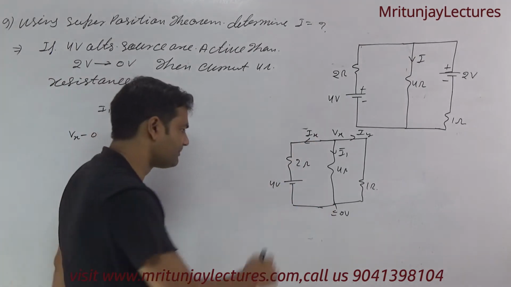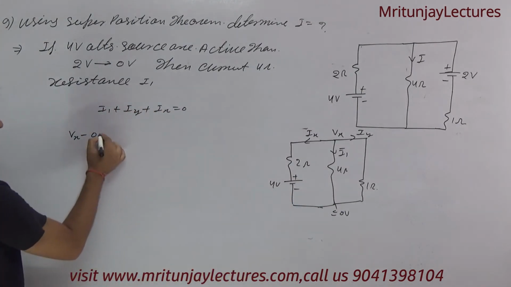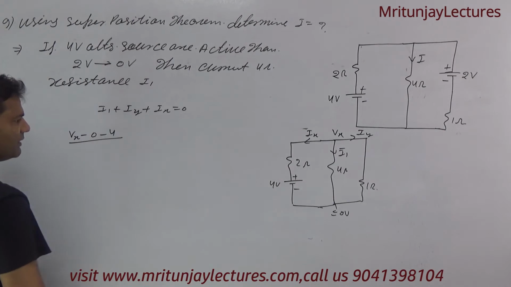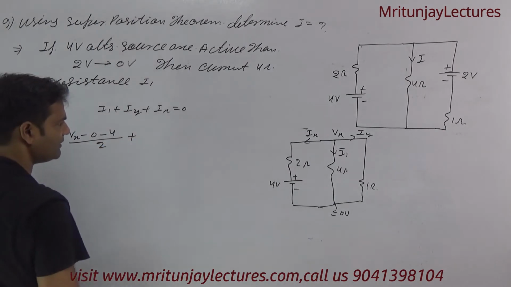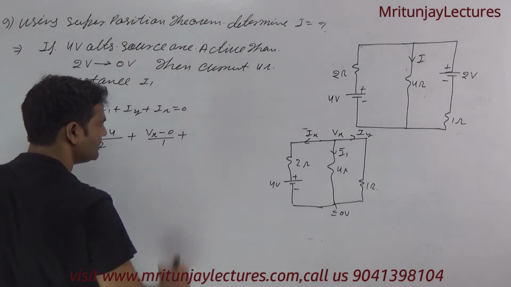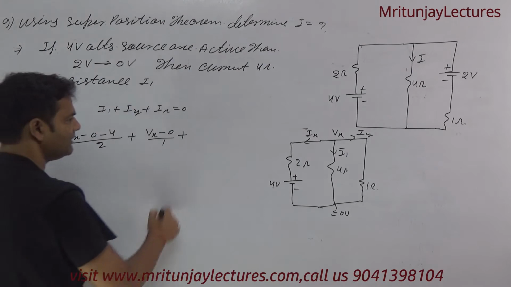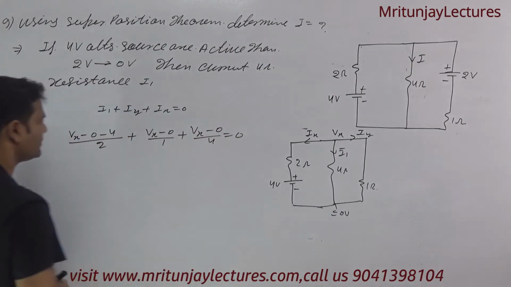Current leaves from the negative terminal, so minus 4 divided by 2, plus what about Iy? It is written as Vx minus 0 divided by 1 ohm. And what about I1? I1 is Vx minus 0 divided by 4, this is equal to 0.